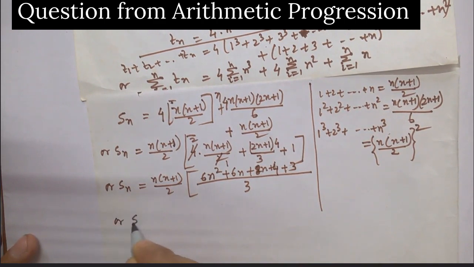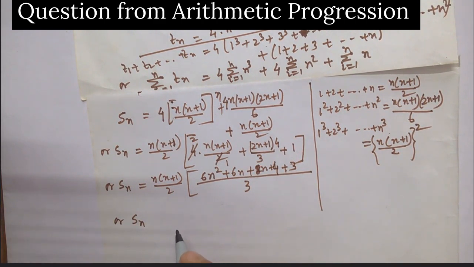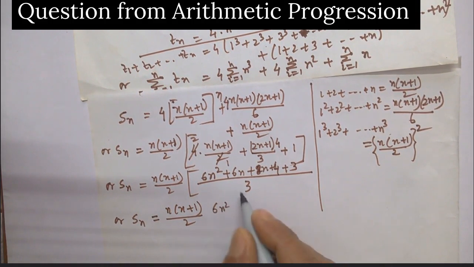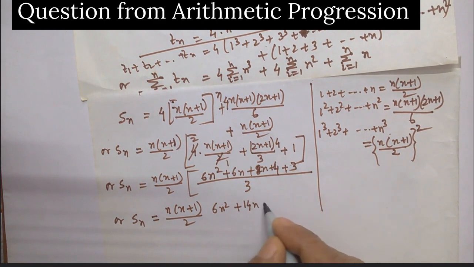So Sn is equal to n into (n plus 1), then 6n square plus 6n plus 8n, which is 14n, plus 4 plus 3, which is 7, by 3.